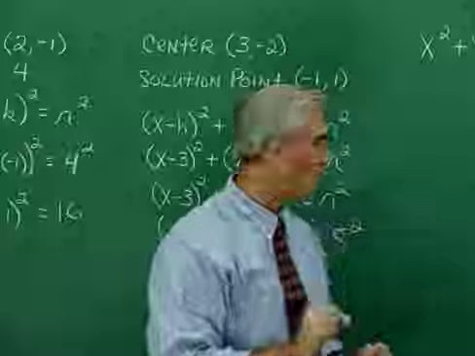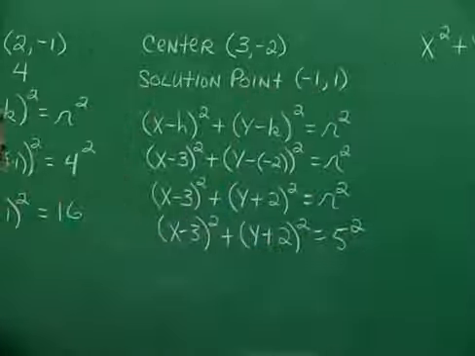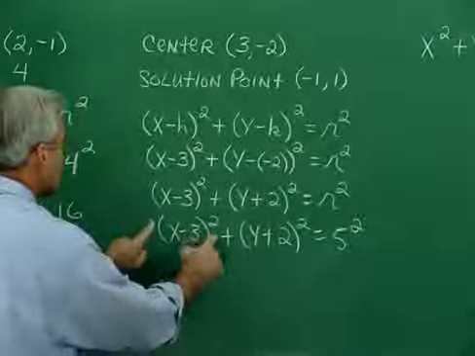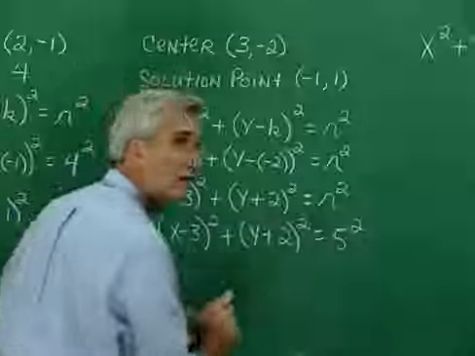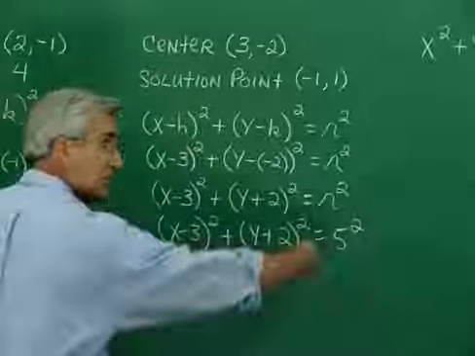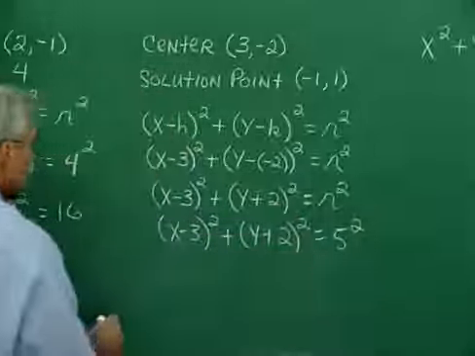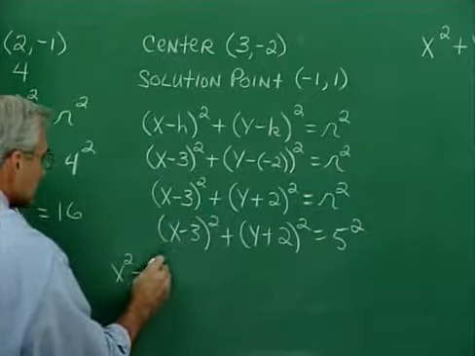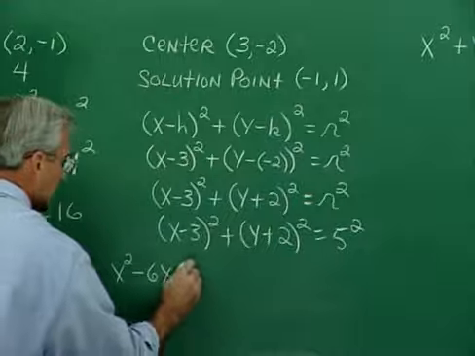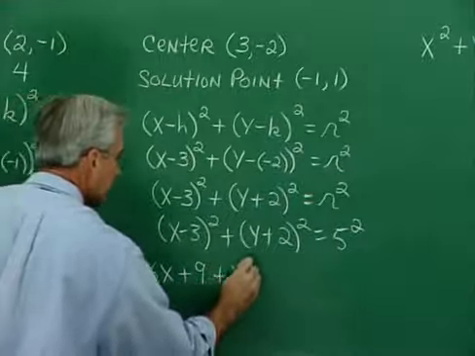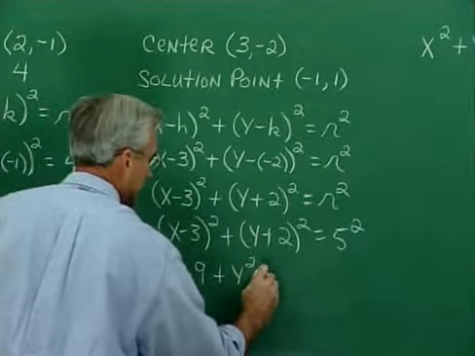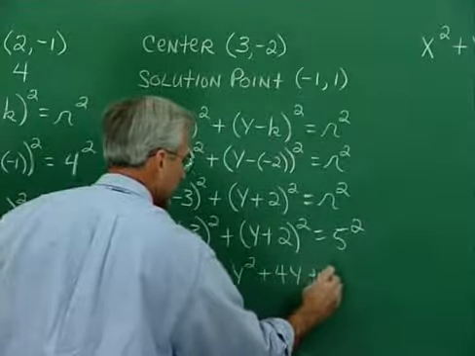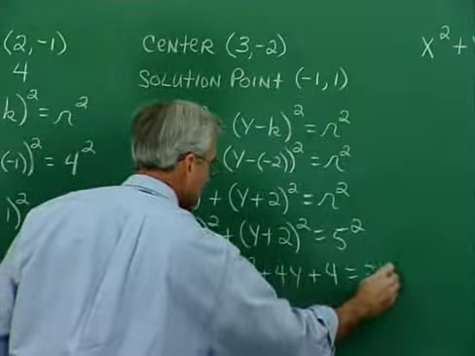The general form associated with this one would mean, well, let's see, let's square here and go ahead and square there. You see, just expand it out, perform the indicated operations. Now, this would end up being x squared minus 6x plus 9, and then y squared plus 4y plus 4 equals 25.